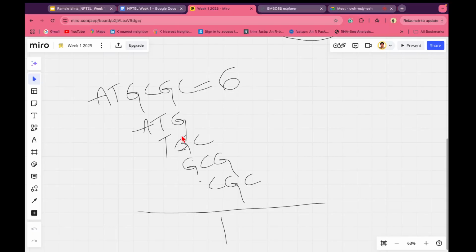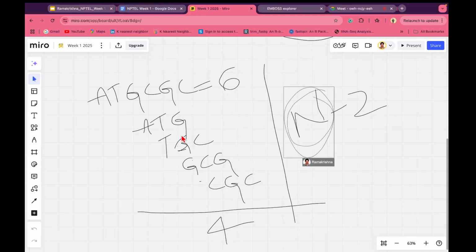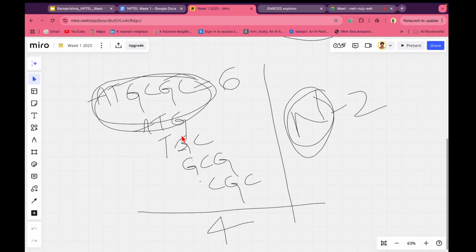We have totally 4, so the formula is n minus 2, where n corresponds to the length of the sequence given. So in my question the length of the sequence is 20, so 20 minus 2 equals 18. This is the answer.